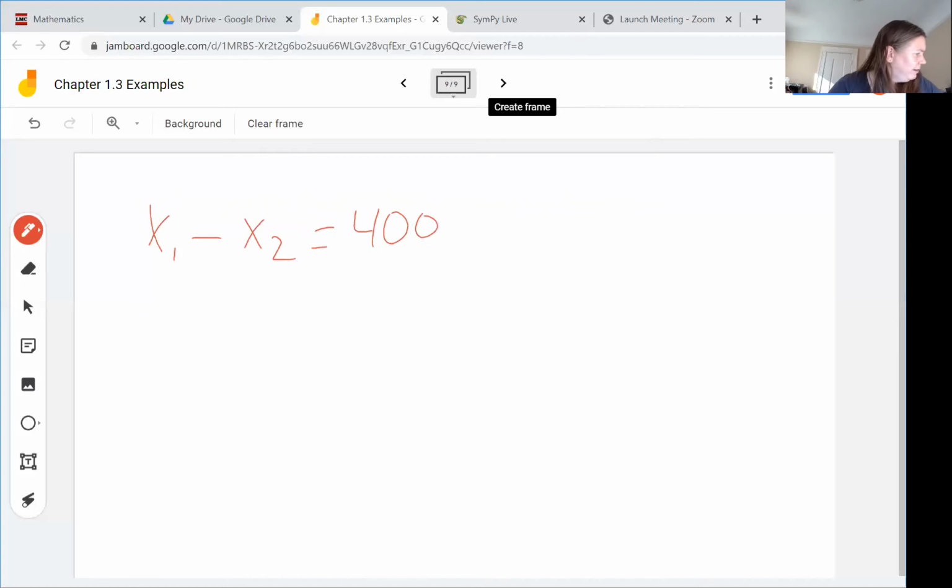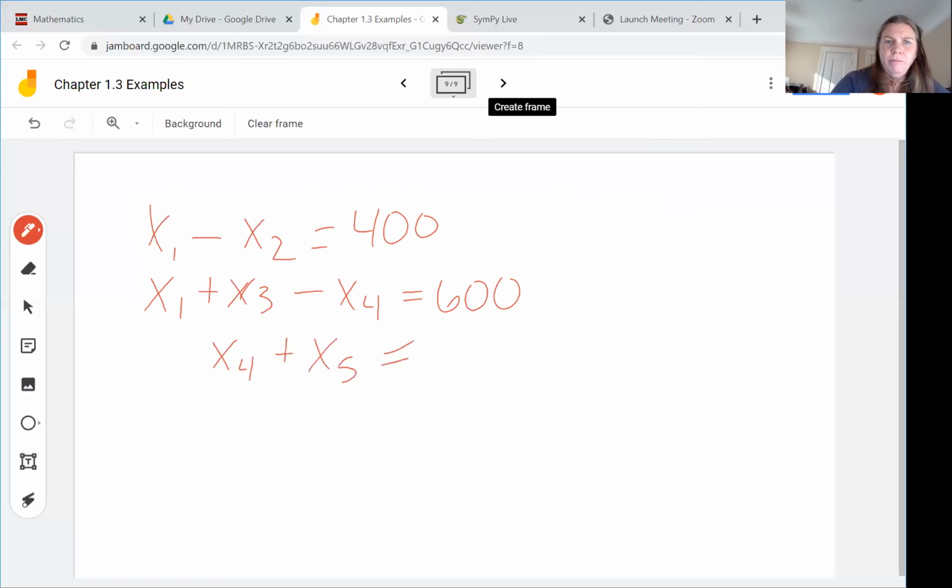And my next equation is going to be x1 plus x3 minus x4 equals 600. And then I've got x4 plus x5 equals 100. That was in okay form. And then my last equation is x2 plus x3 plus x5 equals 300.